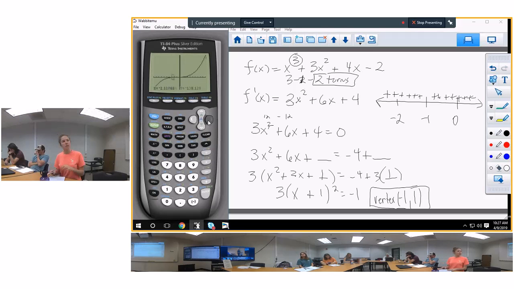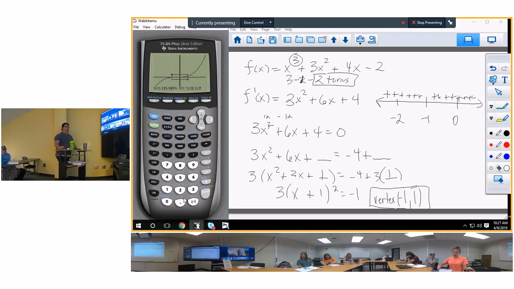And again, like I say, you need to learn how to use your calculator. Yeah, it looks like it's right in here. So it looks like the vertex is going to be -1, +1. You're going to have to blow it up even more because the y is 12 right here.